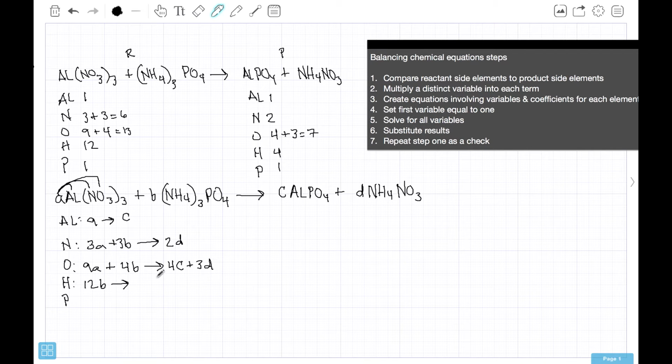And then for hydrogen, we have 4 in the second term of the product side. Then for phosphorus, there's just 1 in the second term of the reactant side. So that's just B. And then there's just 1 in the first term.